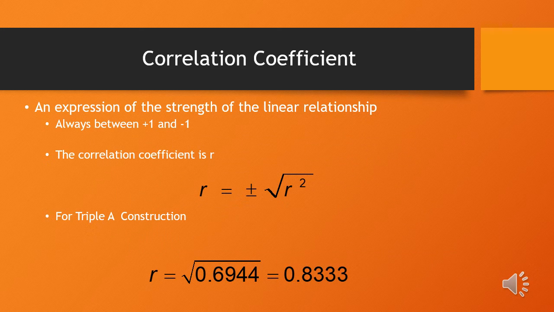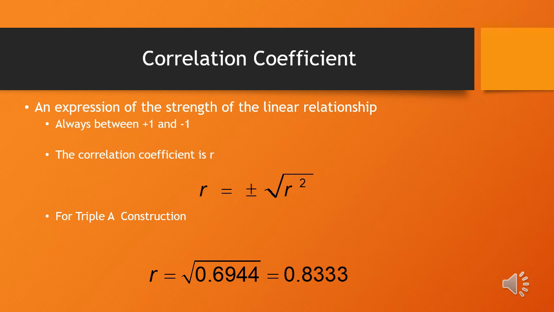Another measure related to the coefficient of determination is the coefficient of correlation, which also expresses the degree or strength of the linear relationship. It's usually expressed as r, and it can be any number between and including 1 and minus 1.